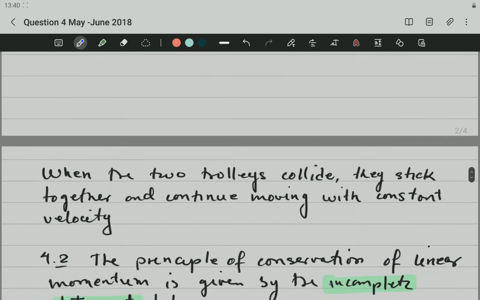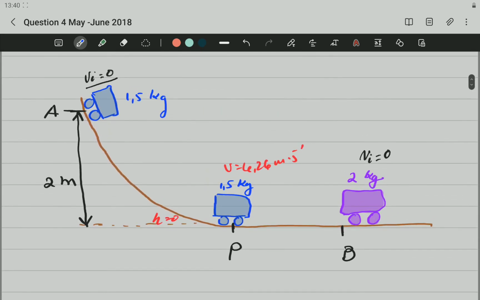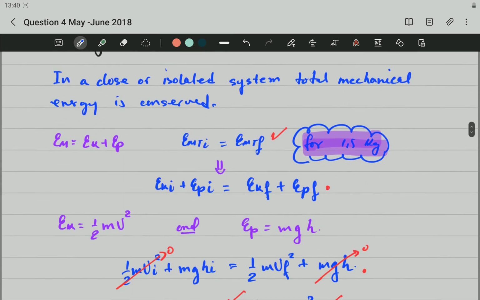Now, important, if we go into the picture, we are going to work from this part here. So from this part here, we have before and after. What we have is the block moving at point A, and the block at point B for the second trolley, which is not moving.